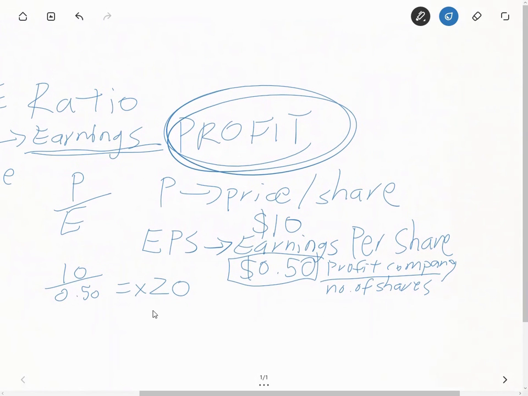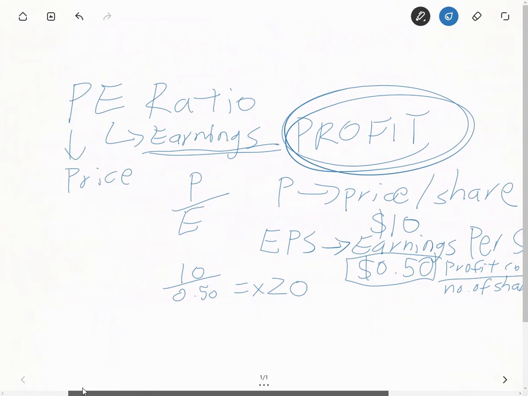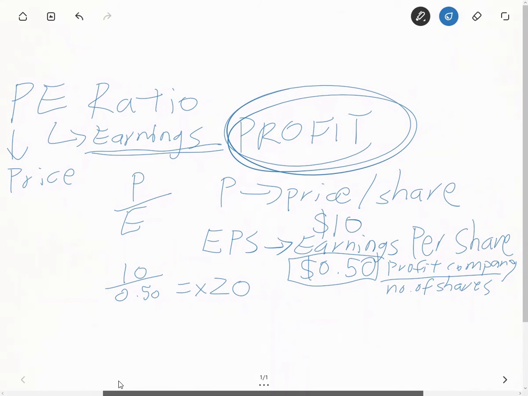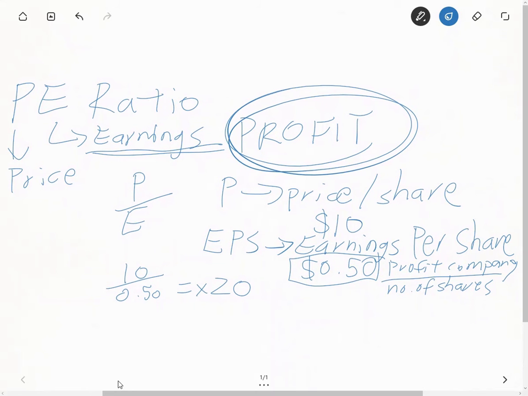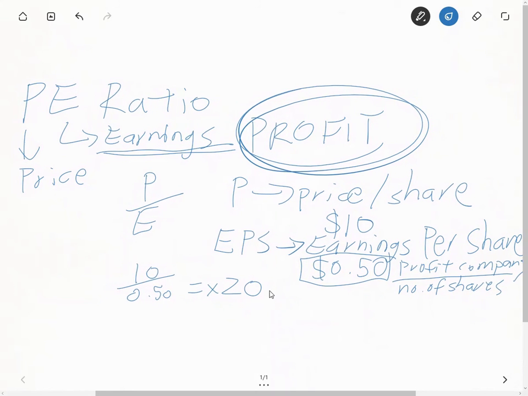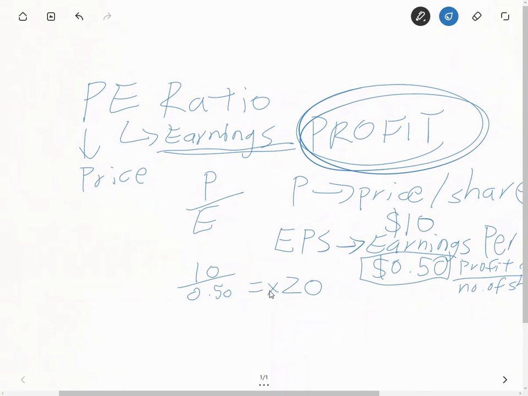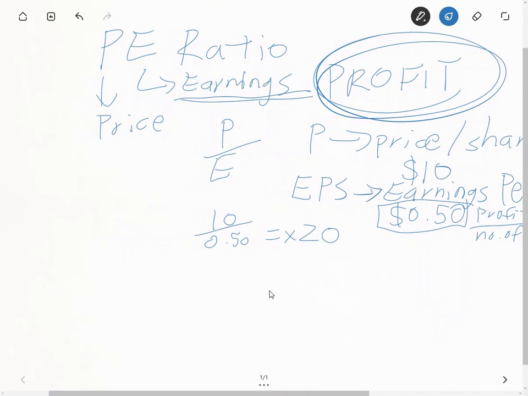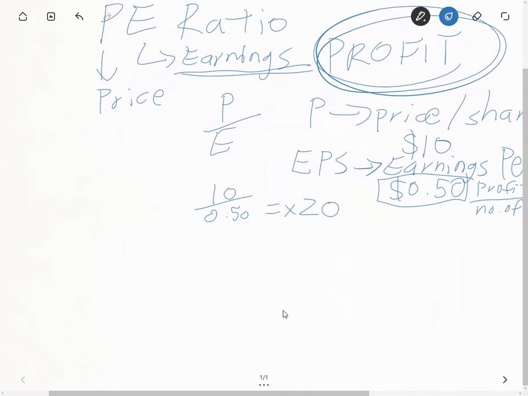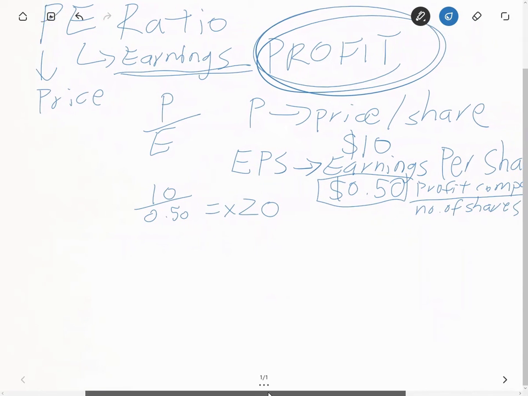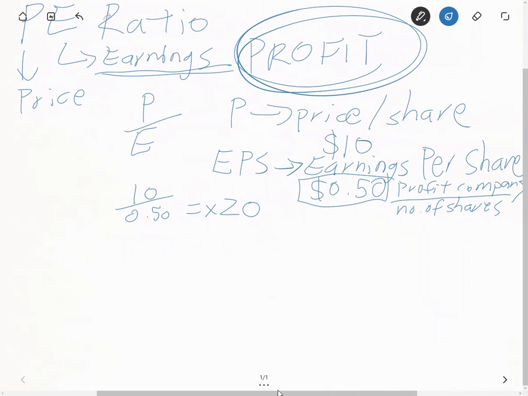I normally don't put the X there, the times, but that's okay. So yeah, PE ratio of 20. So the question now is, what does that actually mean?